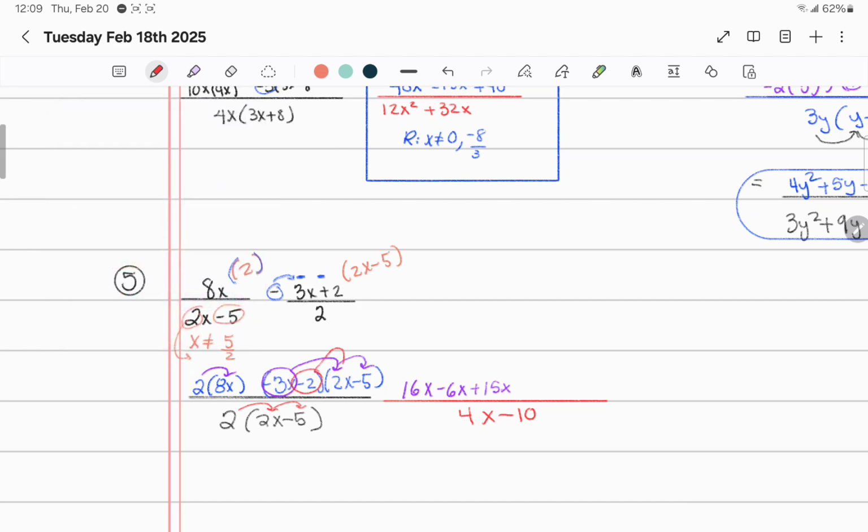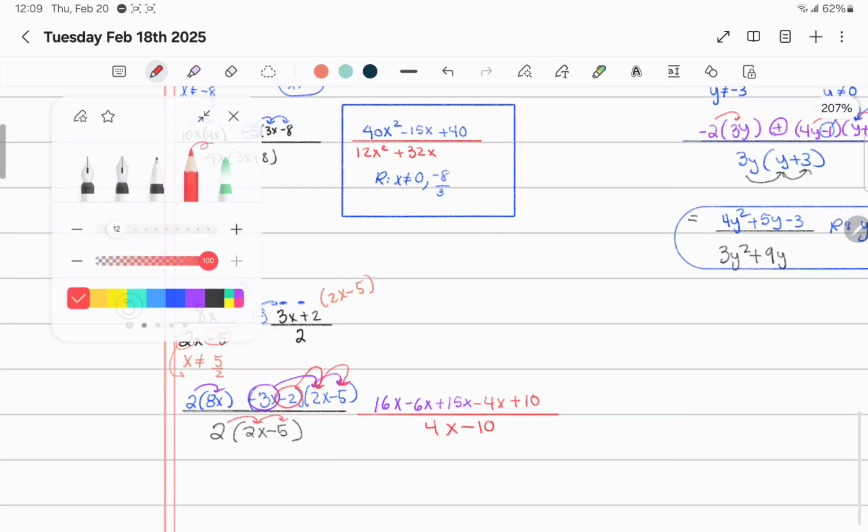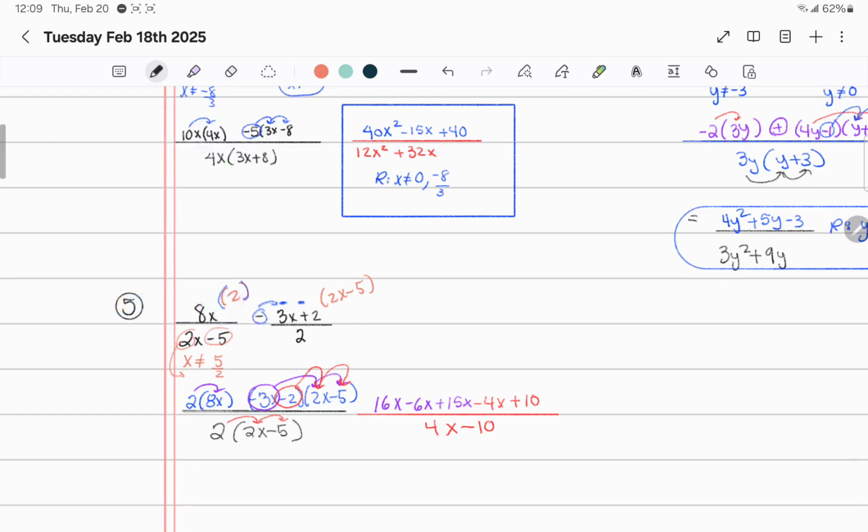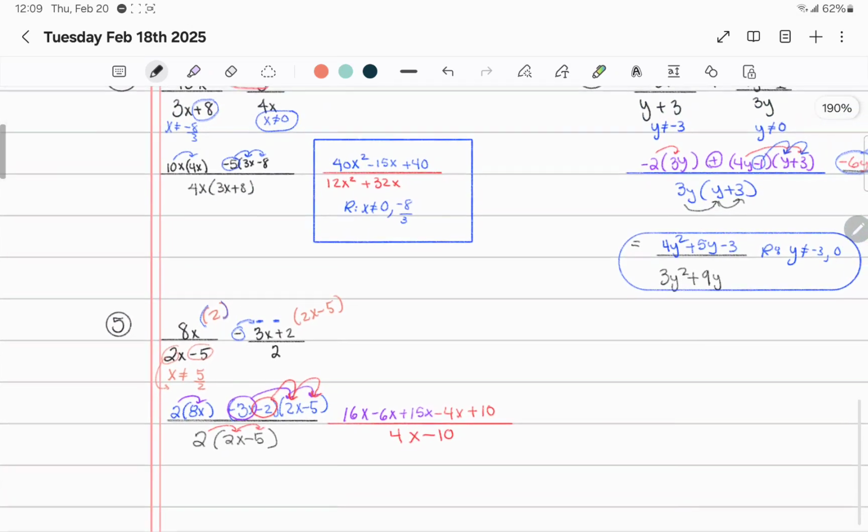Negative 2 times 2 is negative 4x. And then last, negative 2 times negative 5 is positive 10 because they're both negative. Okay, I'm gonna have to keep on writing to the side here.